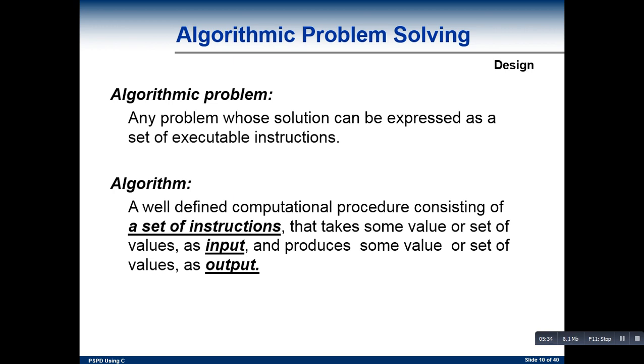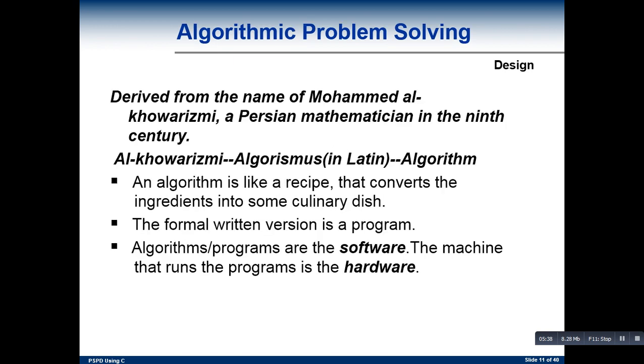Now the word is derived from the name of Muhammad al-Khwarizmi, a Persian mathematician in the 9th century. Al-Khwarizmi became algorithm in the Latin word. An algorithm is like a recipe that converts the ingredients into some culinary dish.